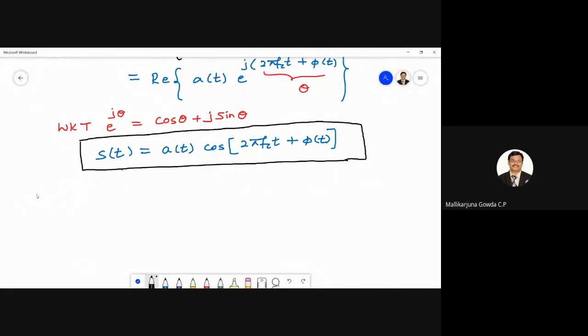I think I have given the representation of the bandpass signal in Cartesian form, in the canonical form, as equation number 3. Let me give this as equation number 4. If I am not correct, just write the right equation number.